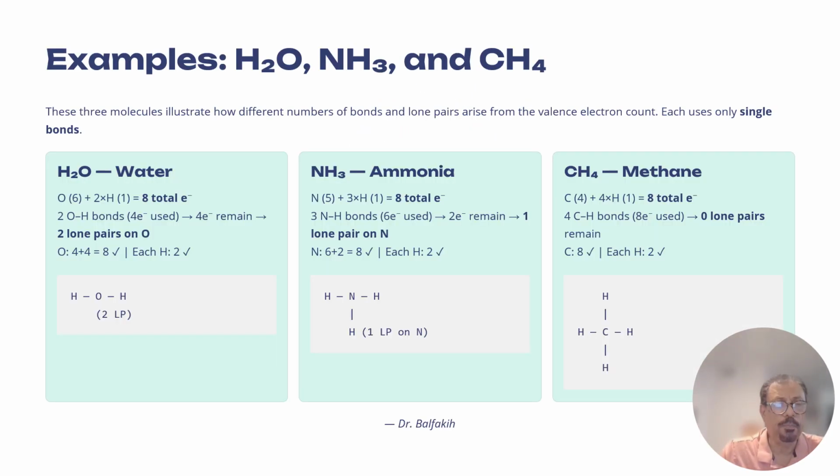Another example of a single bond: water, ammonia, and methane. I will give an example of ammonia. In ammonia, you have nitrogen, which has 5 electrons.